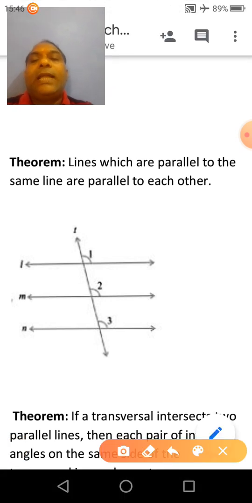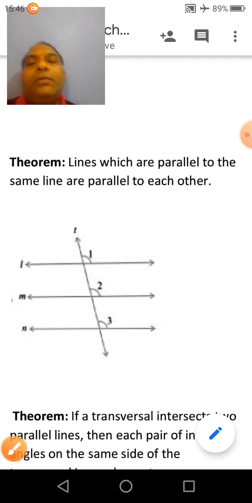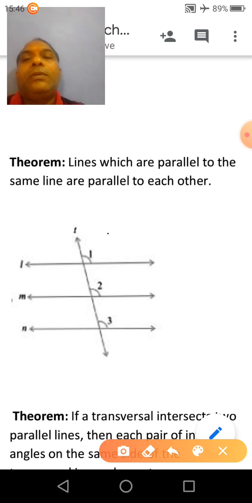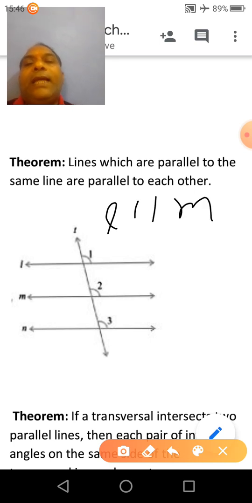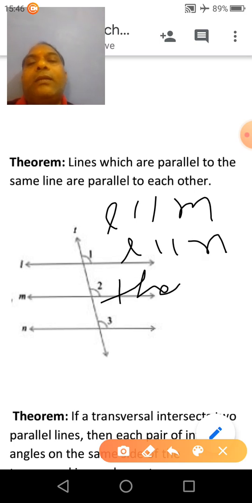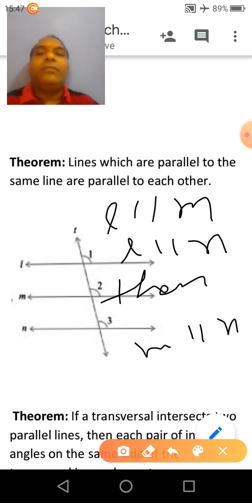Suppose line L is parallel to line M, and L is also parallel to N. Then M will be parallel to N according to this theorem. Clear?